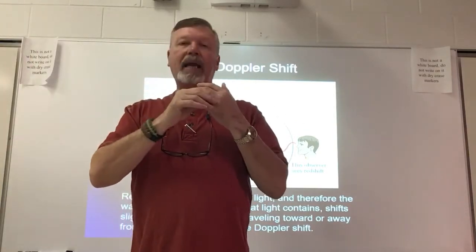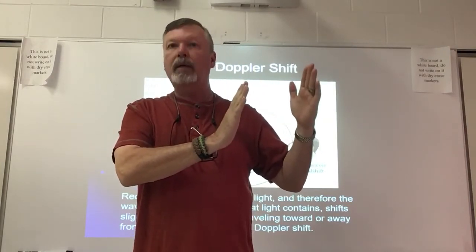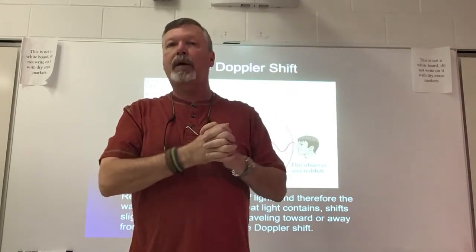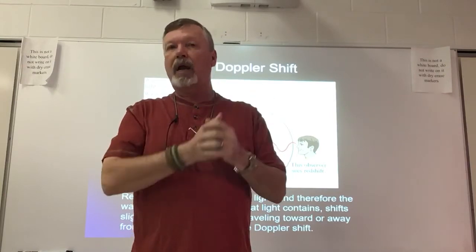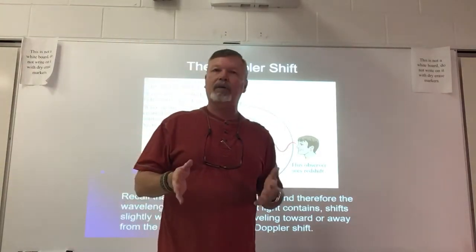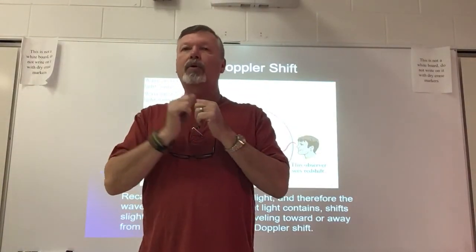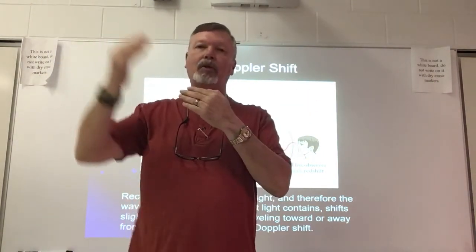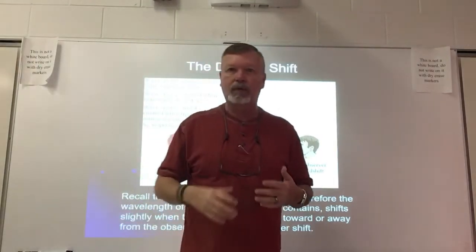If I'm looking at a galaxy and the spectrum is shifted into the blue region, that's telling me that it's moving towards me because the blue end of the spectrum is smaller wavelengths, higher frequency, higher energy. Okay? So we can tell by looking at the spectrum and seeing if it's red shifted or blue shifted whether that galaxy or that star or whatever we're looking at is coming towards us or moving away from us. Okay, so this is how we use the Doppler shift in astronomy.